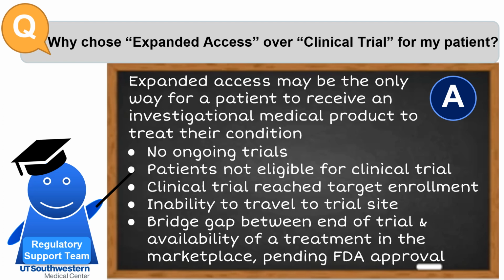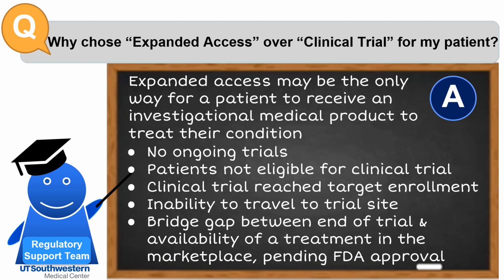A clinical trial may not be enrolling participants because the investigator reached the target enrollment, or the patient may also have a geographic problem. As you know, clinical trials are historically conducted in major academic centers, so patients in rural areas cannot participate. Patients may also be too sick, or have financial issues resulting in an inability to travel to the trial site.